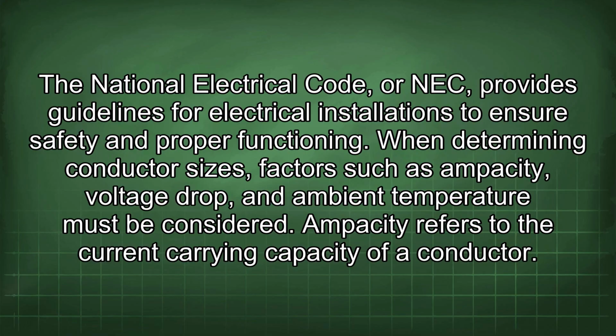The National Electrical Code, or NEC, provides guidelines for electrical installations to ensure safety and proper functioning. When determining conductor sizes, factors such as ampacity, voltage drop, and ambient temperature must be considered. Ampacity refers to the current carrying capacity of a conductor.